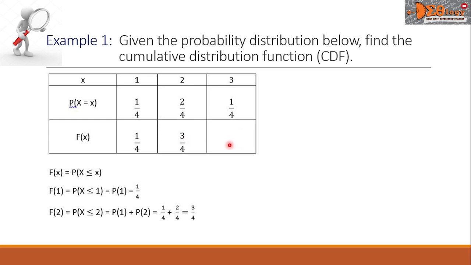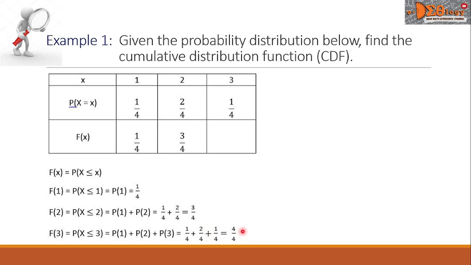Next, the last blank is for the F of 3. This is equal to capital P when capital X is less than or equal to 3, which means this is P of 1 plus P of 2 plus P of 3. So we substitute the corresponding values from the table. We have 1/4 plus 2/4 plus 1/4.